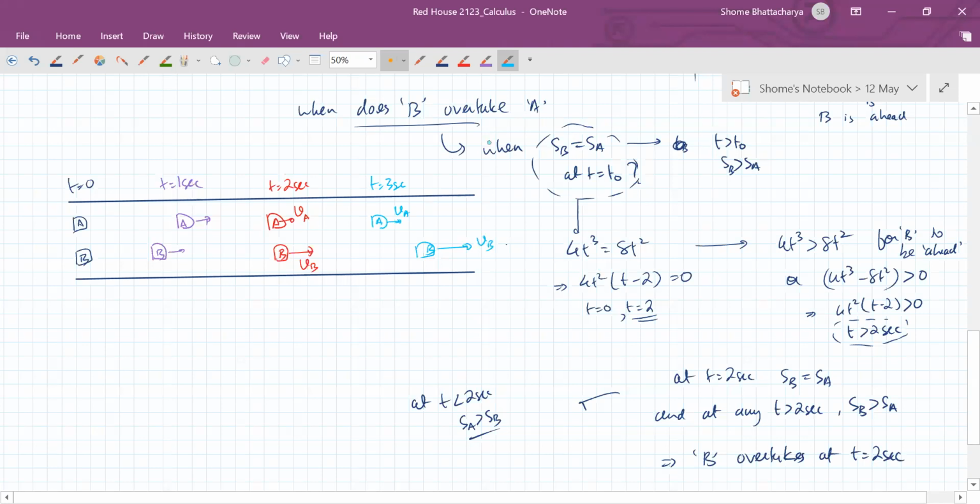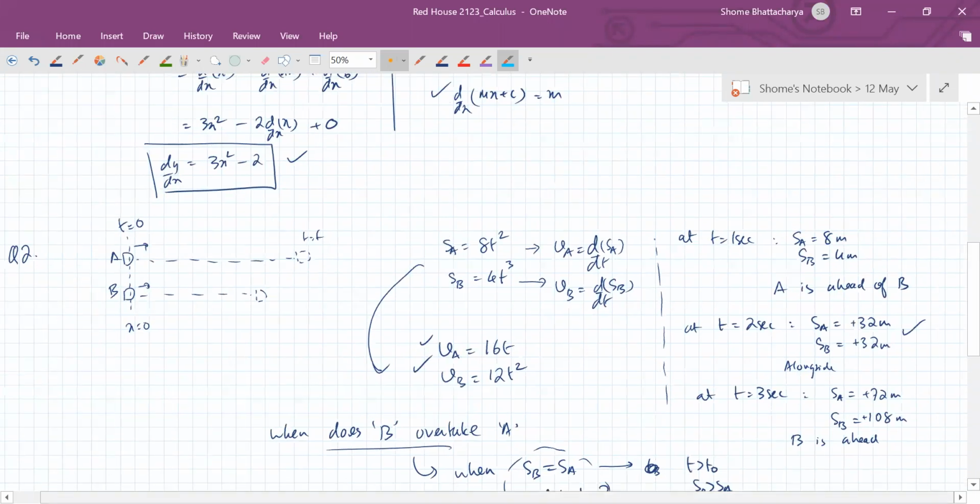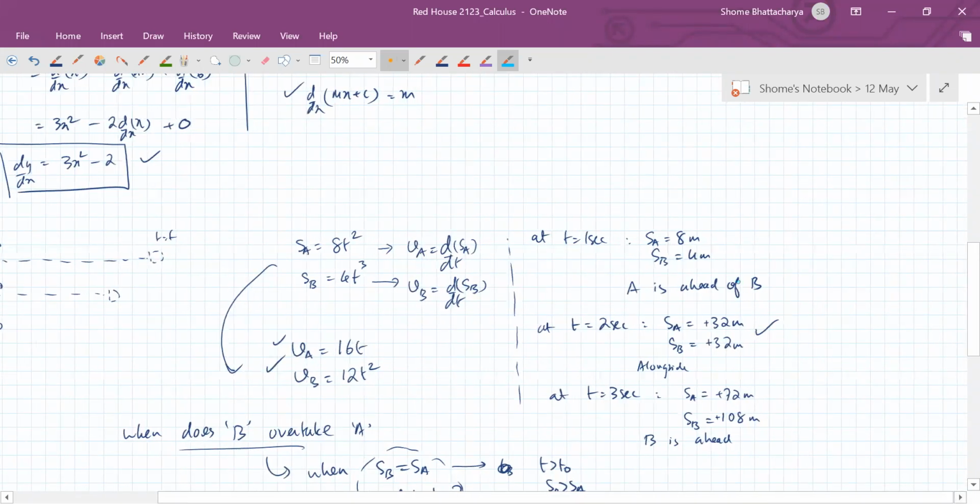Let's put together the information that we have seen earlier. If you also supply the values of velocities, at t equal to 1 second, A's velocity is 16 meters per second and B's velocity is 12 meters per second.